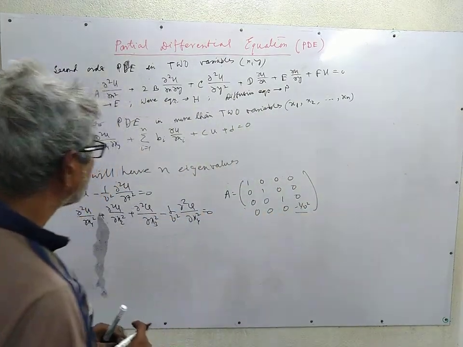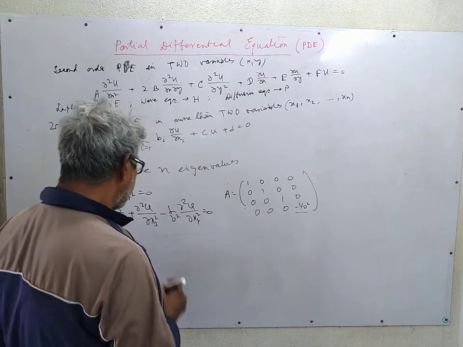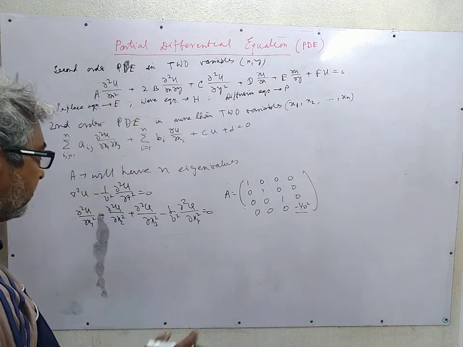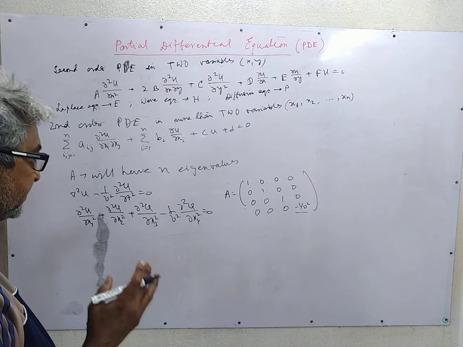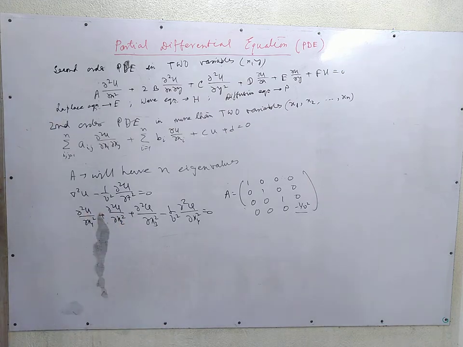Such a case is called hyperbolic. So we have the parabolic differential equation and the hyperbolic differential equation. The hyperbolic differential equation has the signature that all the eigenvalues are non-zero and one has the opposite sign. Only one is negative and all others are positive.